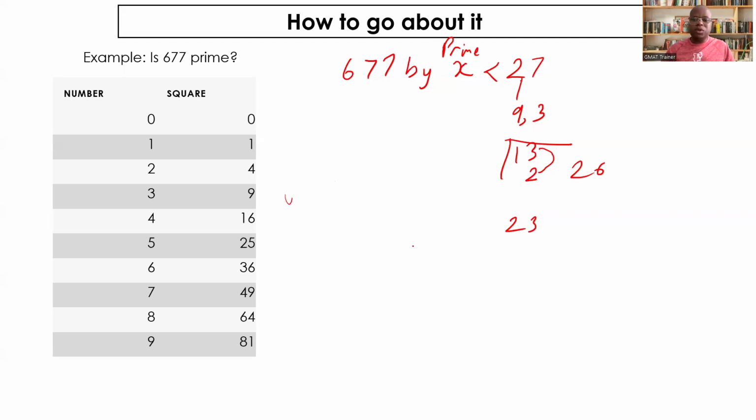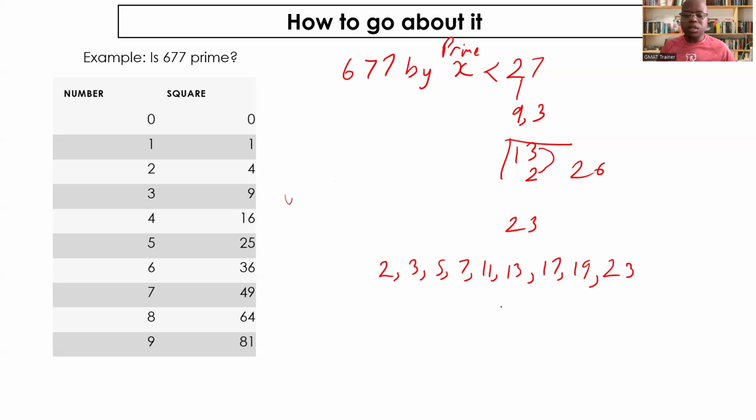So what numbers are we looking at? We're looking at 2, 3, 5, 7, 11, 13, 17, 19, and 23. So this is what we're looking at.